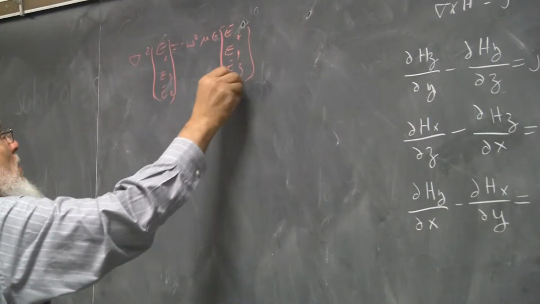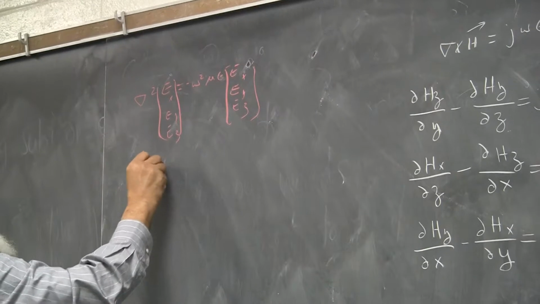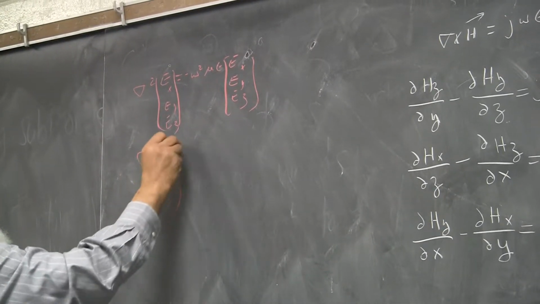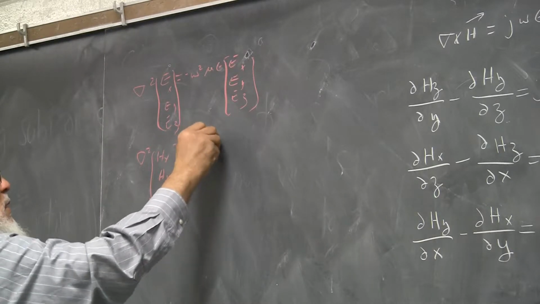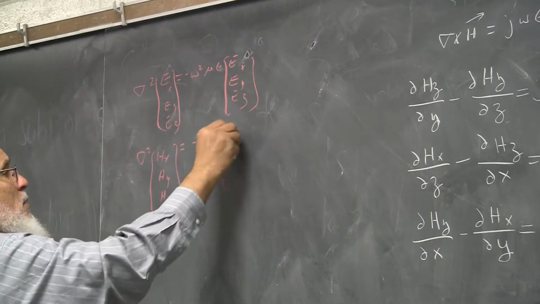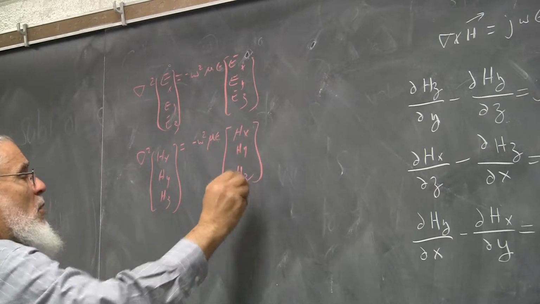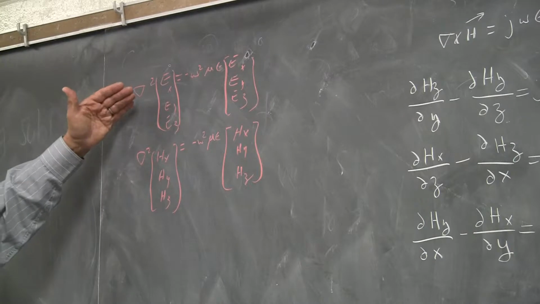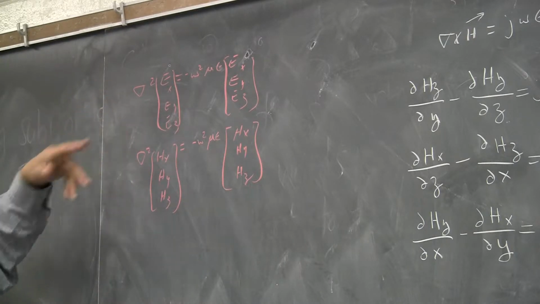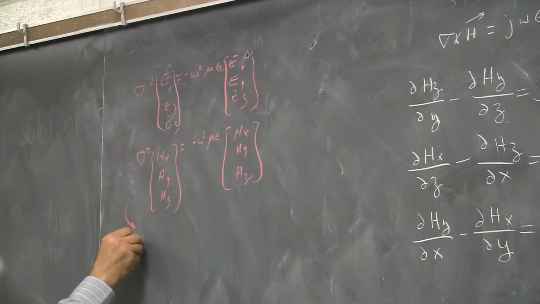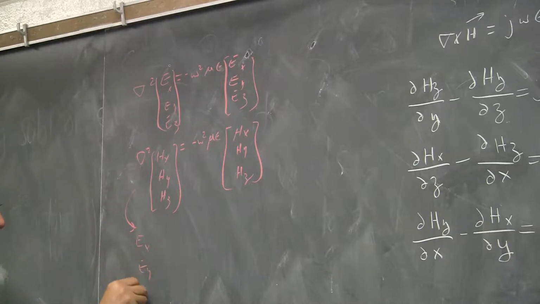And we had another one similar to that, which was del squared H, Hx, Hy, Hz, equal to minus omega squared mu epsilon Hx, Hy, Hz. In principle, you can think that you got 6 differential equations, each one is in one variable, so you can solve them, right? You can get Ex, Ey, Ez, Hx, Hy, Hz, right?